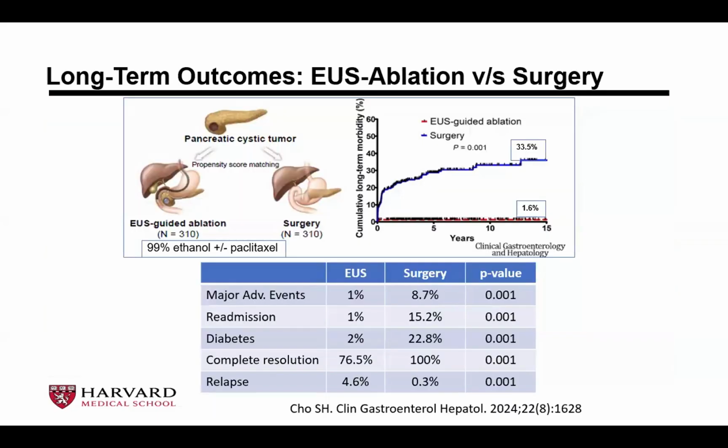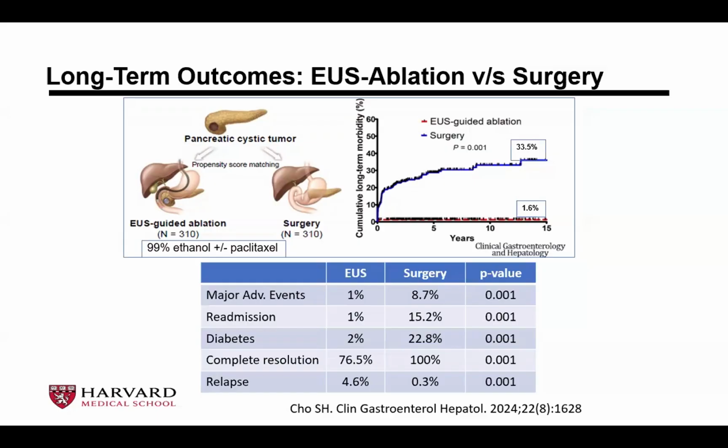I think this is an important study. I heard the senior author present this data at DDW yesterday. This is a propensity match score. This is not a randomized study, so there's still some residual bias in the study, but these are patients who underwent EUS-guided ablation. Most of these are treated with ethanol, and it compared this to a group of patients who underwent surgical resection for their pancreatic cyst.